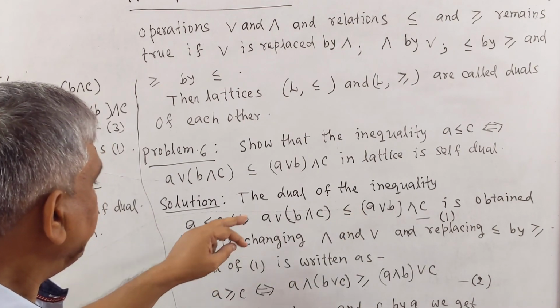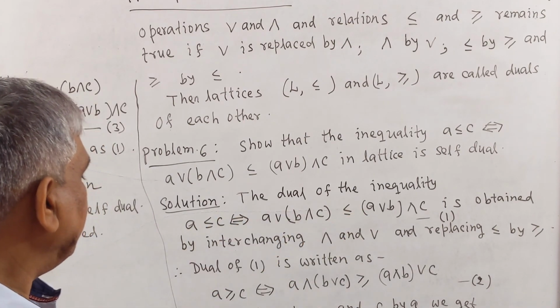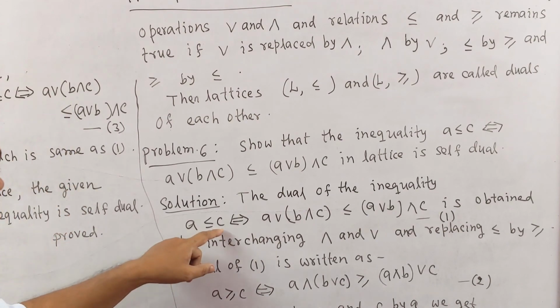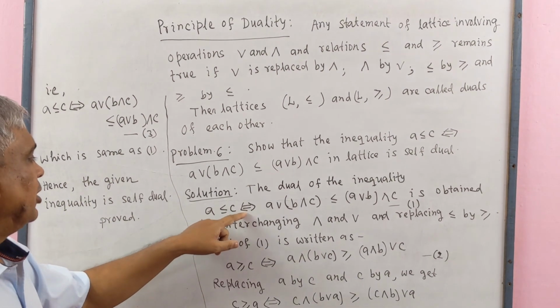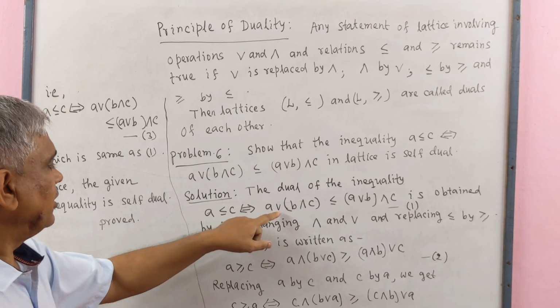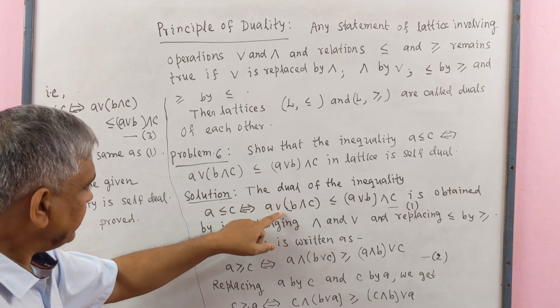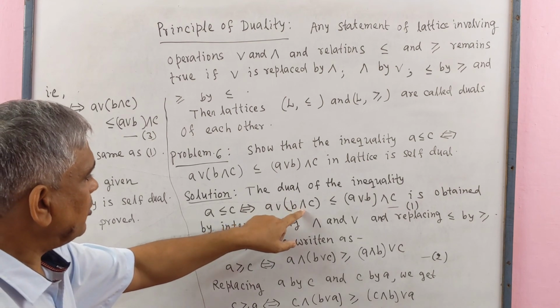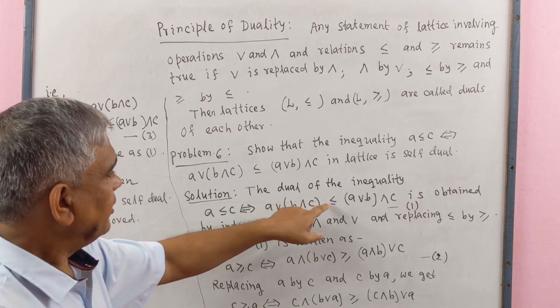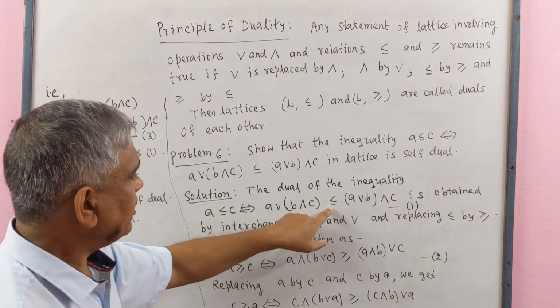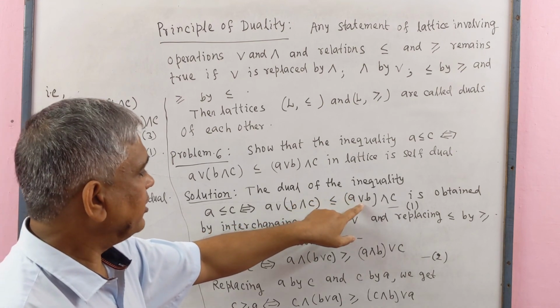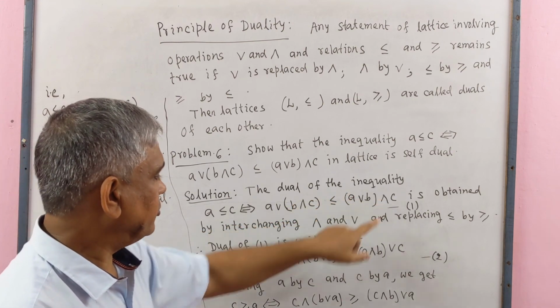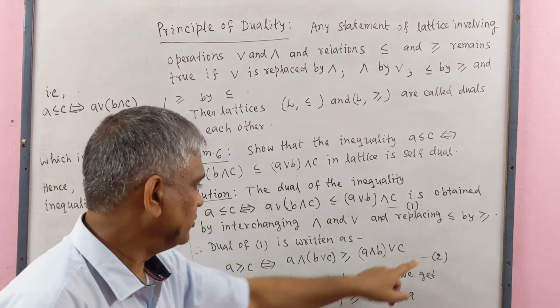Then the dual of 1 is written as A greater than or equal to C if and only if, with join written as meet and meet written as join, and we get number 2.